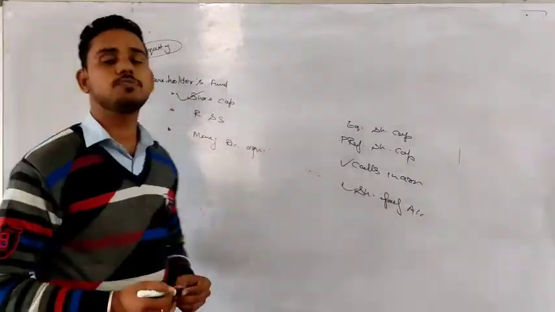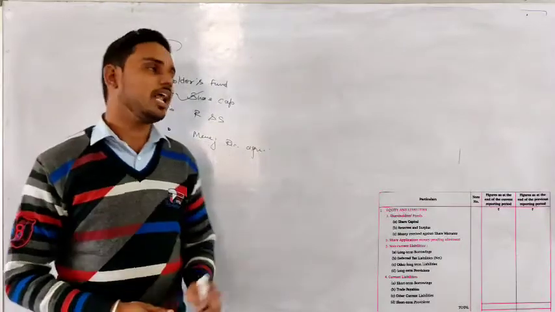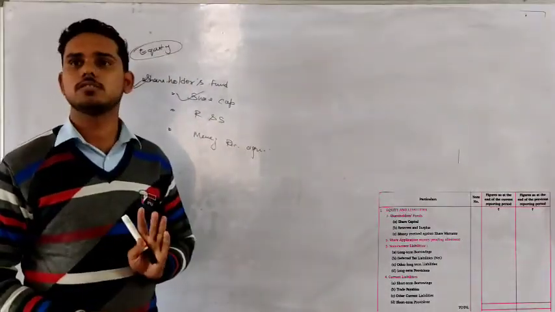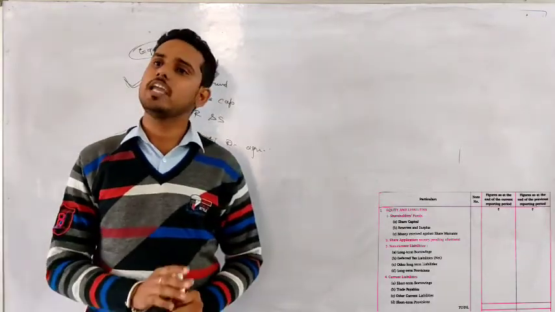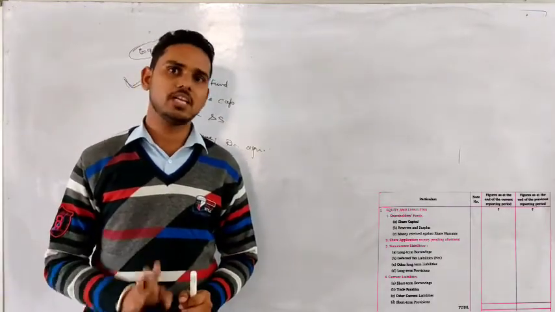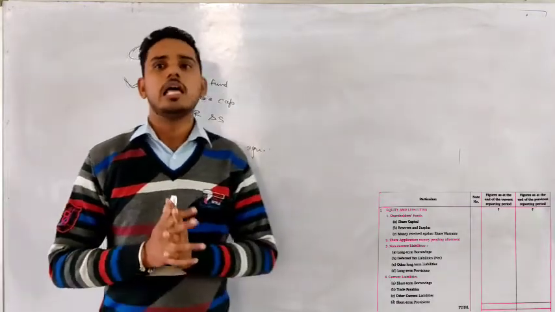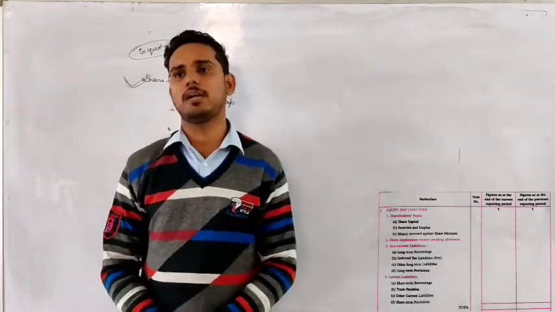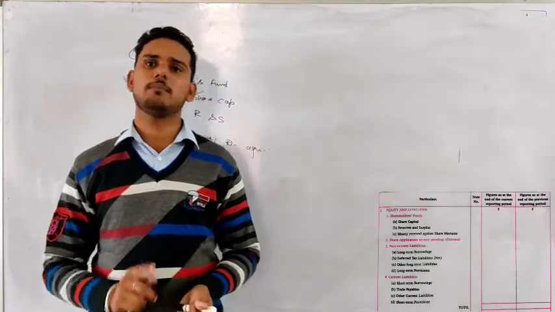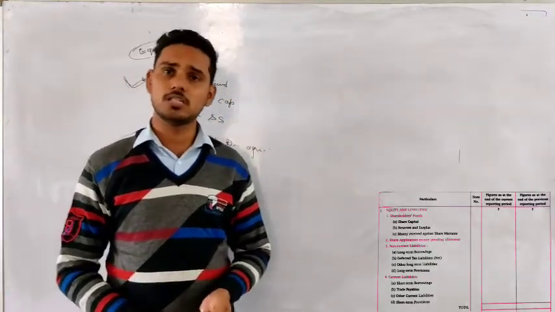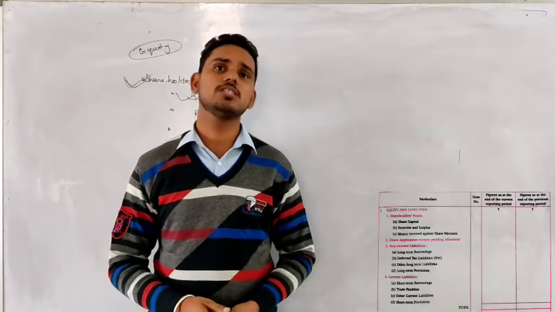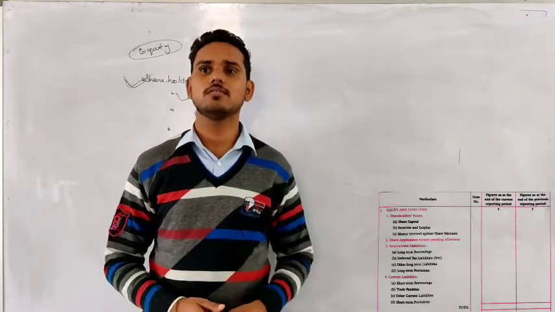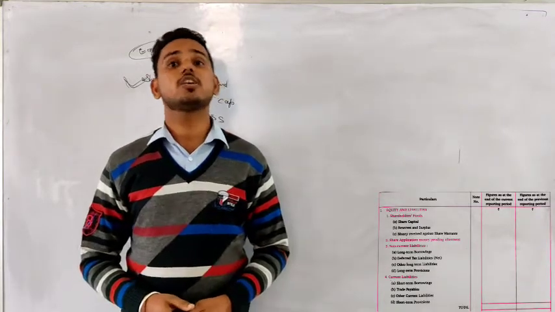Then what are the things which we will classify in share capital? Now the next subhead we have is reserve and surplus. So in reserve and surplus you will classify all your reserves. It doesn't matter whether that reserve is a revenue reserve or a capital reserve, like general reserve, workmen compensation reserve, investment fluctuation reserve, dividend equalization reserve, debenture redemption reserve, DRR, as well as securities premium reserve.